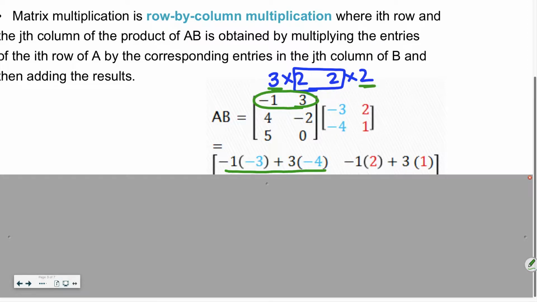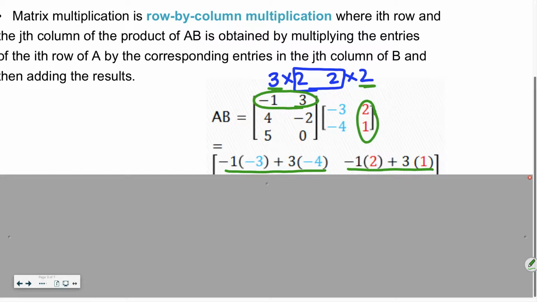Now we're going to take the first row times the second column for our second entry. First number times first number plus second number times second number.